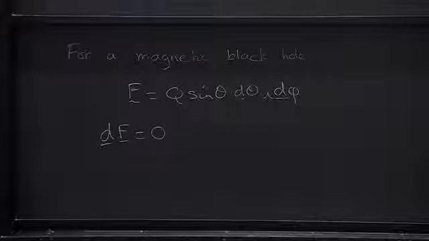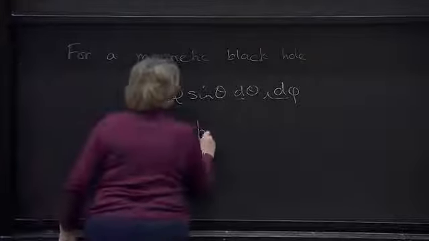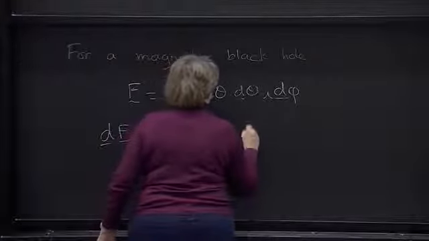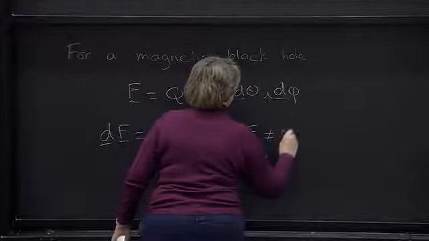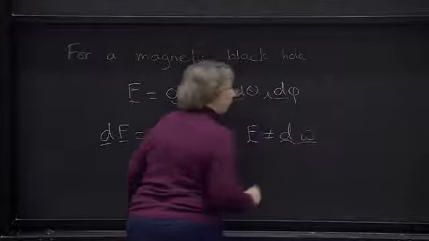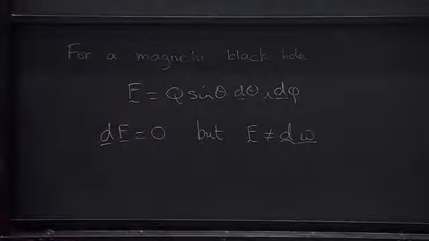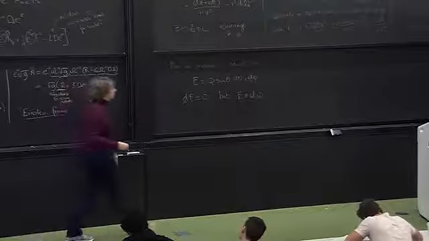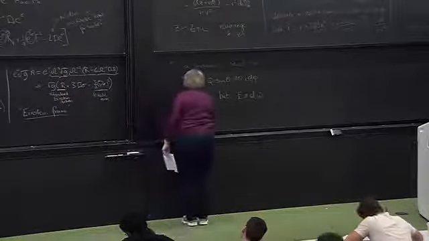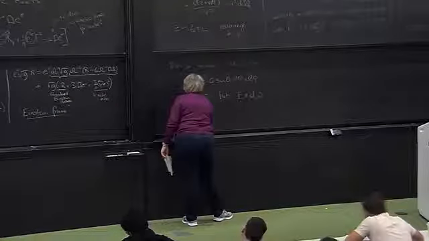But we cannot write F is d omega except locally. So this is an example of a form that is closed.